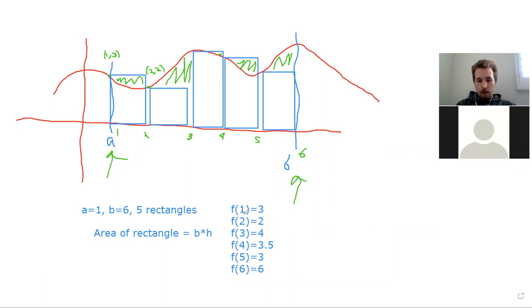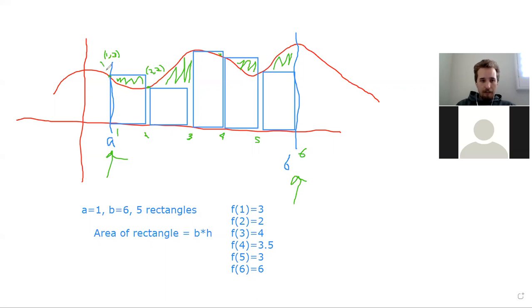Okay, cool. So now that we know the height of each rectangle, which they will give you, for Riemann sums, they will give you the height of each rectangle. It's just up to you to figure out how to get there, right? So if we wanted to use LRAM, we'd take the leftmost point of the rectangle.